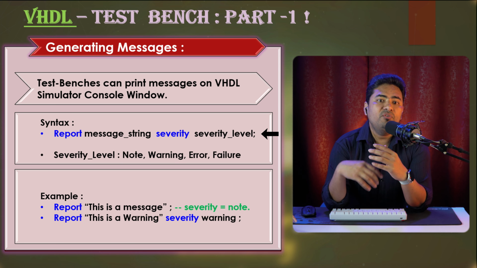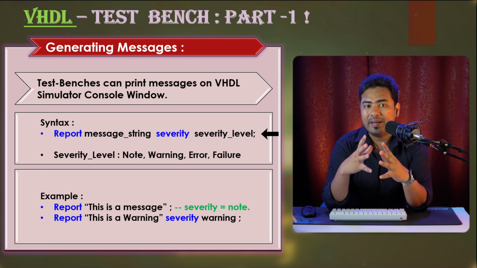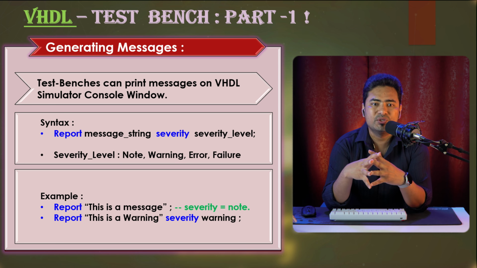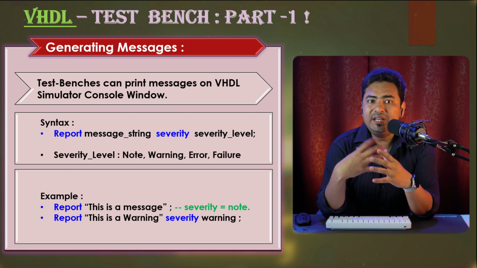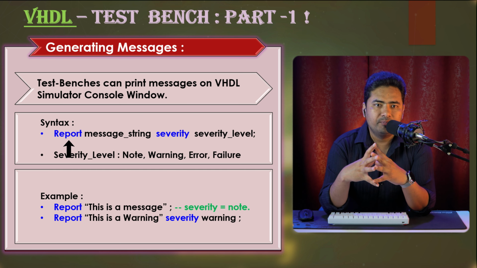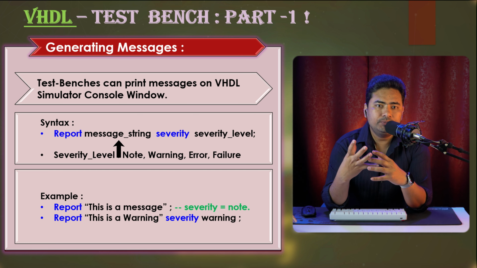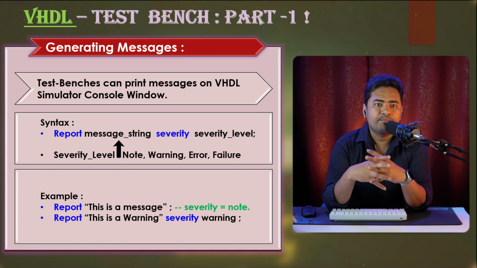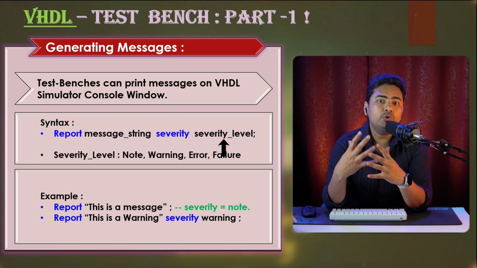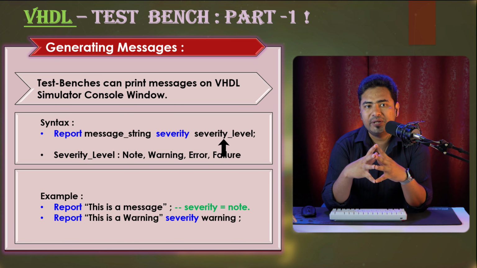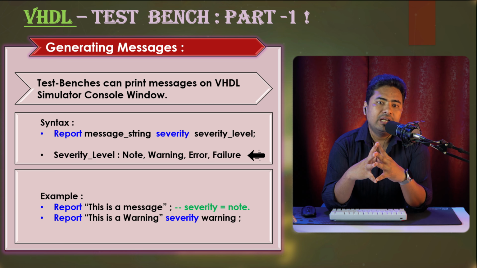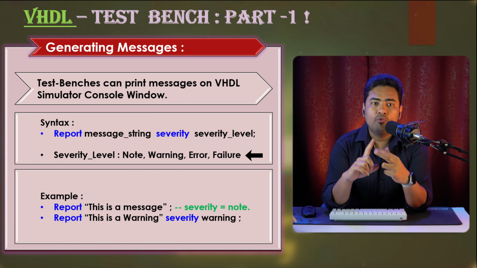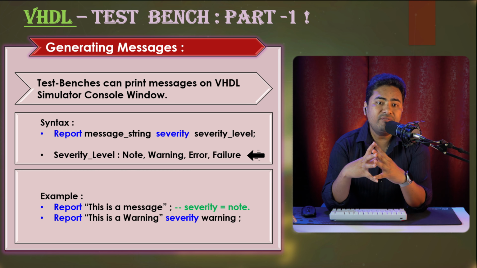This is a simple VHDL syntax for printing a message on your simulator console. We start with the report keyword followed by your message inside double quotes. And optionally, you can also specify the severity level as well. These severity levels are note, warning, error, and failure, and you have to write them exactly like this.